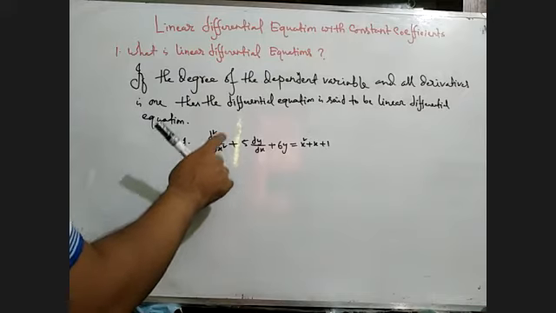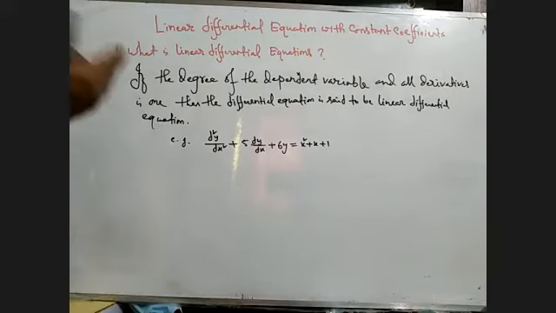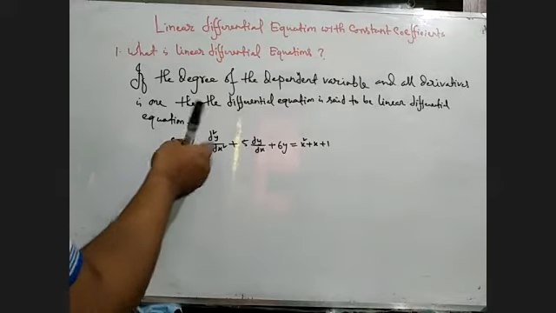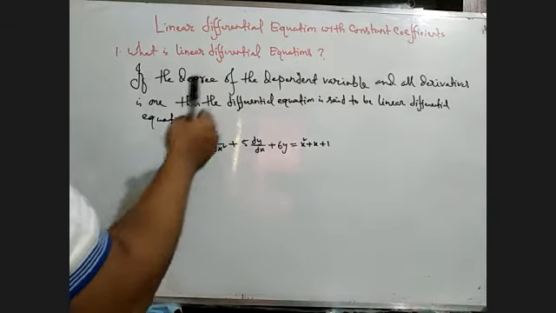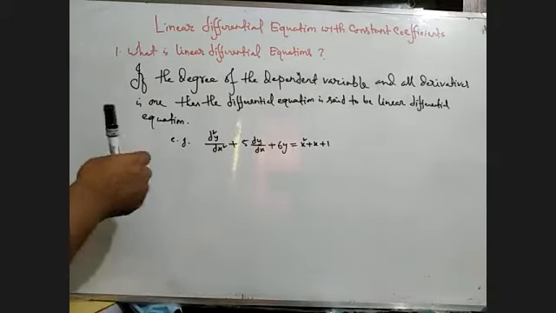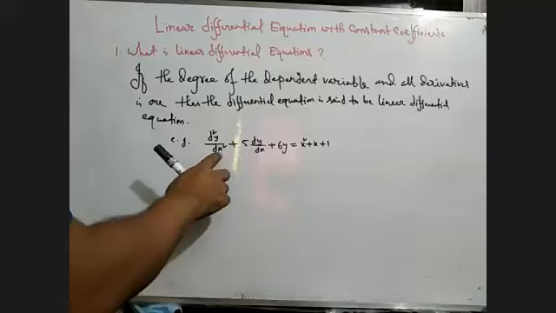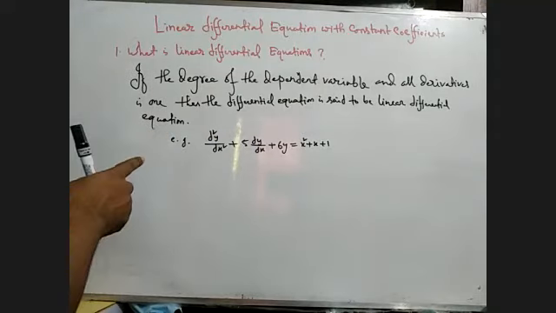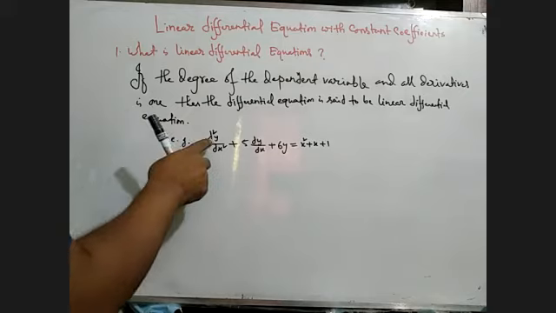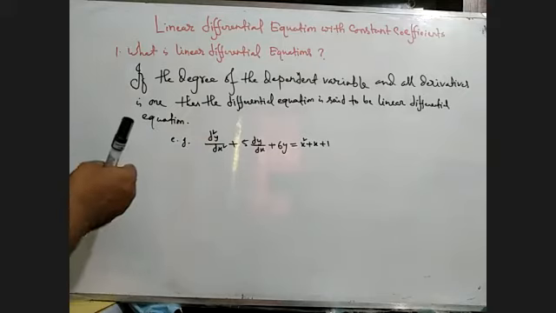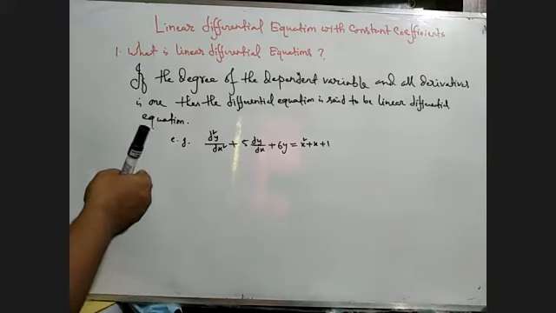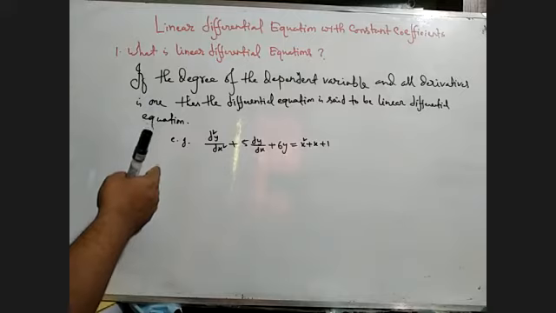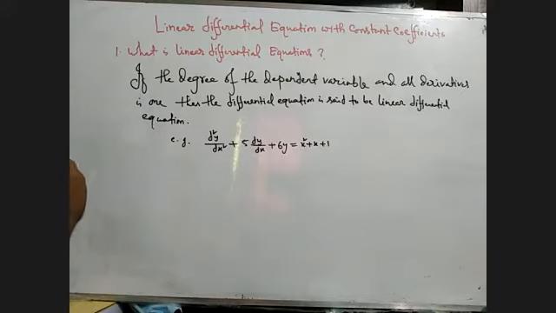Since there is a single dependent variable and a single independent variable, this is also called an ordinary differential equation. If there is more than one dependent variable or more than one independent variable, then those types of differential equations are called partial differential equations.